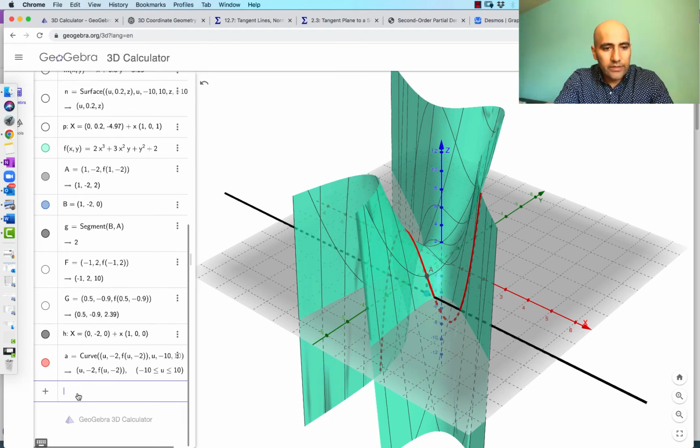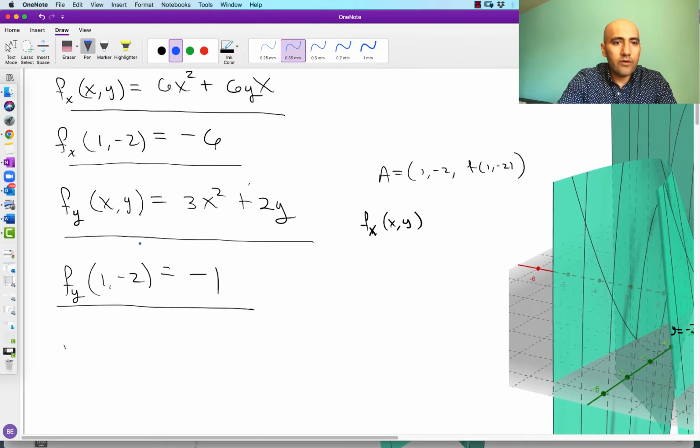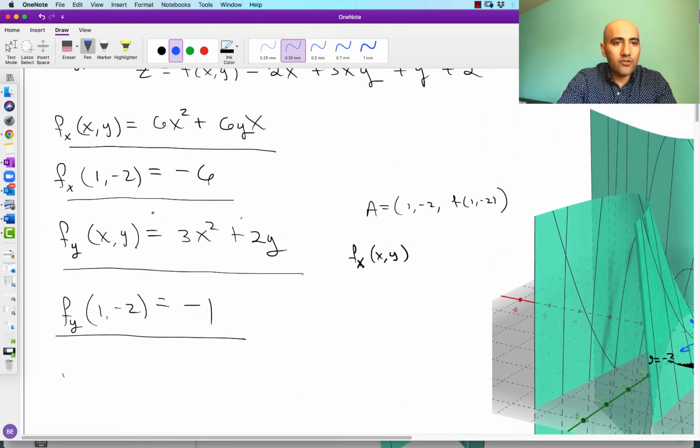What we want to do is find the derivative of our function with respect to x, which we've already done. Let me write it down over here. We already have this information right here.